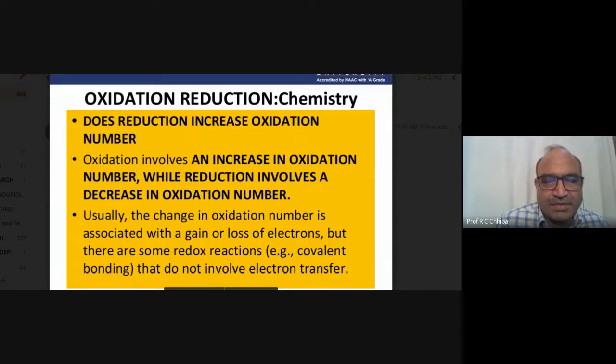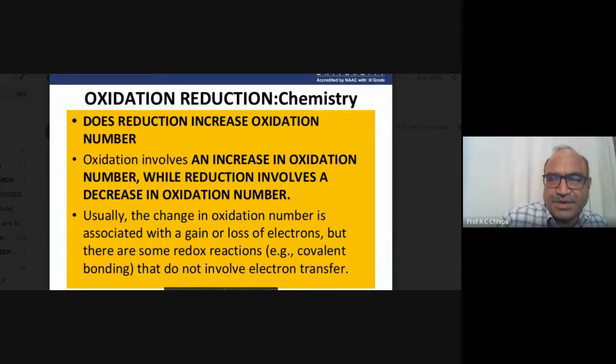How can we calculate the oxidation number? That is very simple. So what happens if an electron is added? Electron is removed. When does oxidation occur?